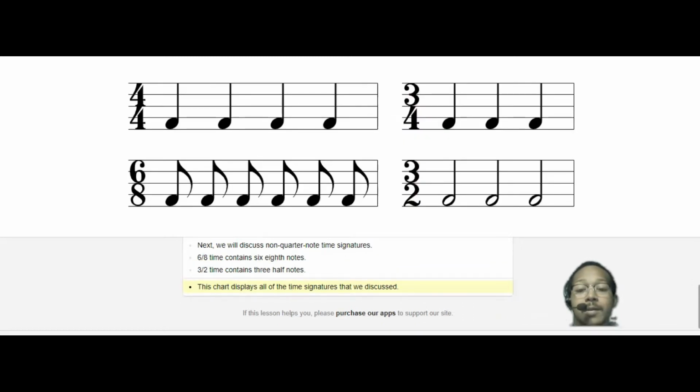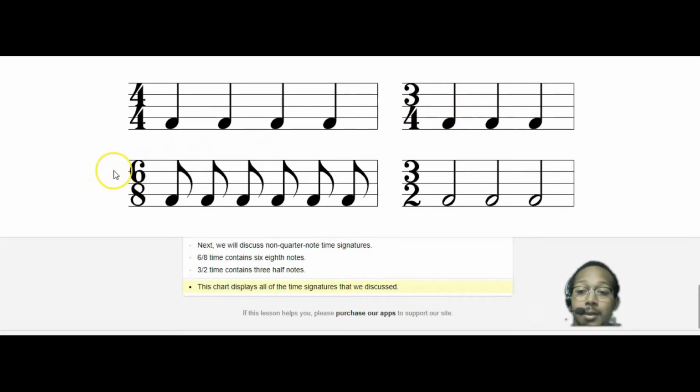Here's a review of the 4 time signatures that we've studied in this short tutorial. The first is 4/4, top number 4, 4 beats in a measure, 4 on the bottom, meaning the quarter note gets the beat. Here, top number is 3, 3 beats to each measure, again 4 meaning the quarter note gets 1 beat.